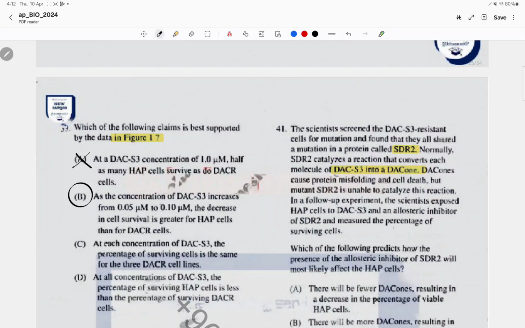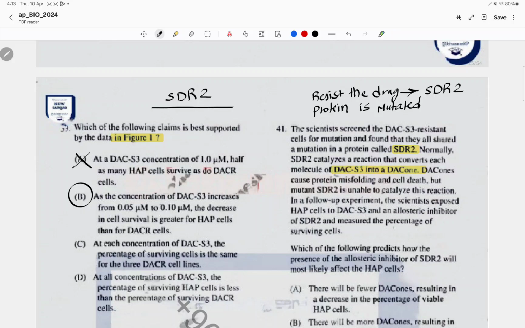So what I understand here is that to be able to resist the drug, you have to be mutated in the SDR2 protein. Normally, if the protein is not mutated, it converts a molecule of DACS3 into DA cone.